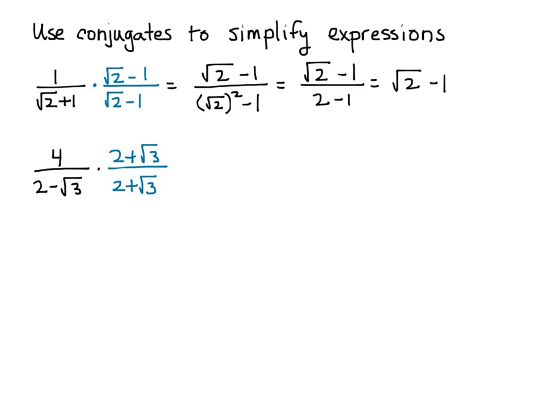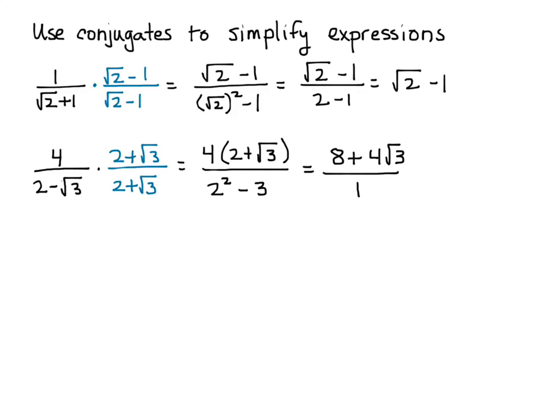When we expand the top, we get 4 times 2 plus square root of 3. Then we just square both of these in the denominator. We square the 2 to get 4, and we square the square root of 3 to get plain old 3, and we end up with that over 1 again.